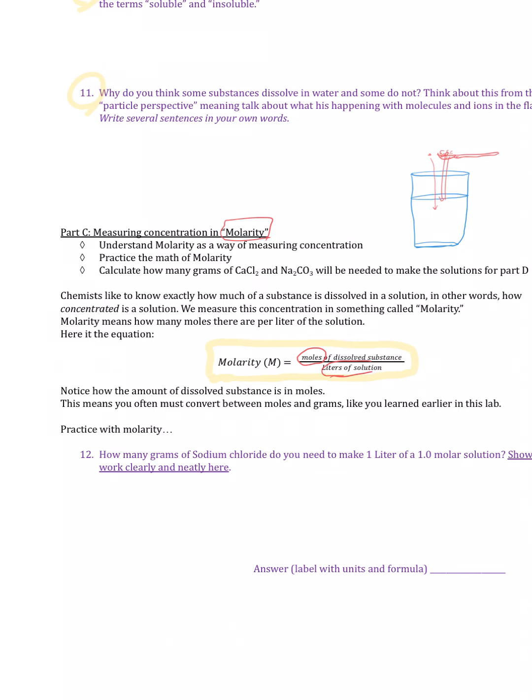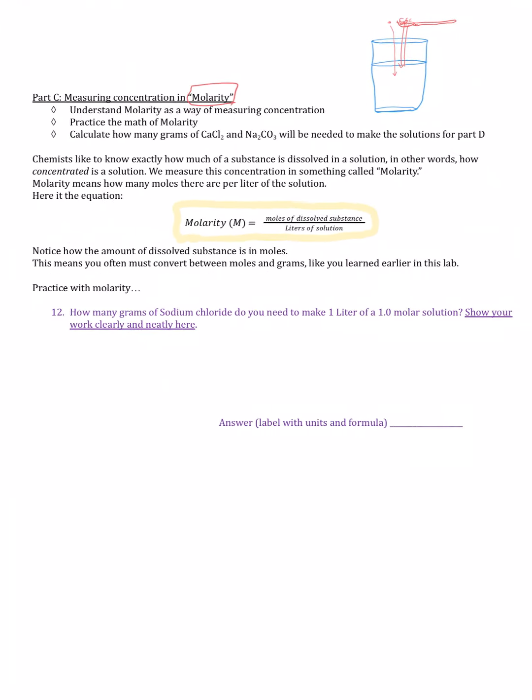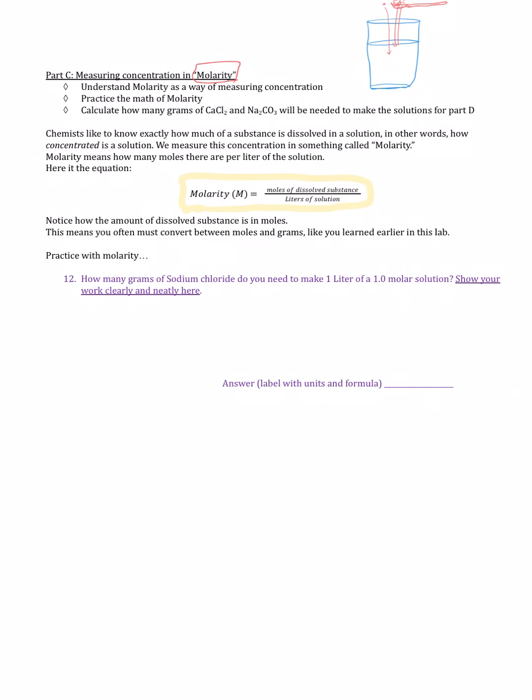That's really it. So in the first question, how many grams of sodium chloride do you need to make 1 liter of a 1 molar solution? Well, I think if I go, so if I know its molar mass, which I do believe is like 48 grams per 1 mole.